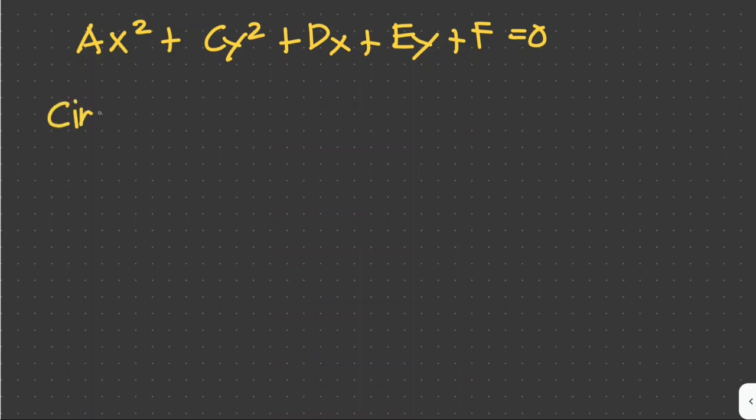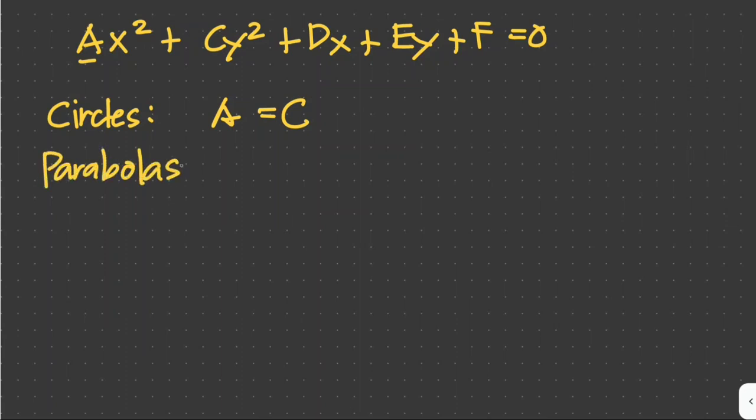Okay, for circles, a here is just equal to c. And then for parabolas, a times c, the product of the coefficients, is equal to 0. So both of them are not equal to 0, but when you multiply them, they should equal 0.